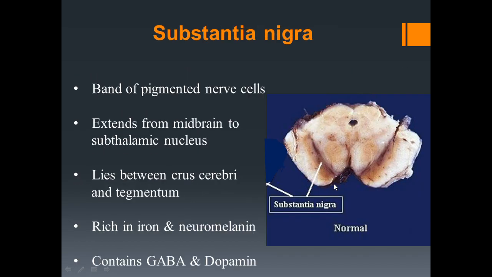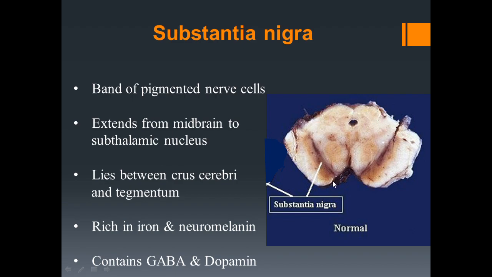Now what is substantia nigra? Substantia nigra is a band of pigmented nerve cells. Now this is the section of midbrain. This is the aqueduct of Sylvius, and the midbrain has three parts.